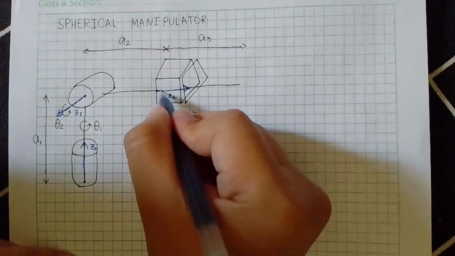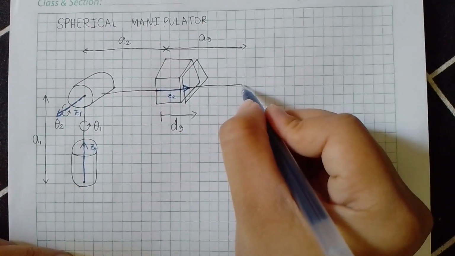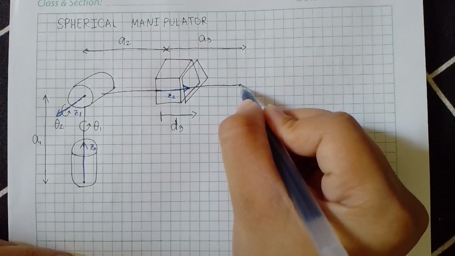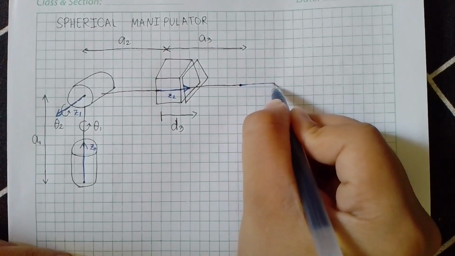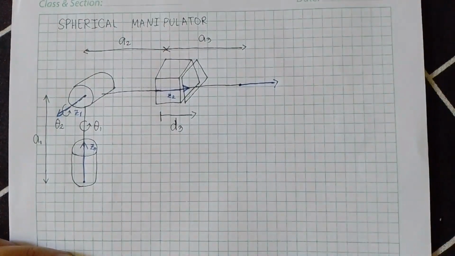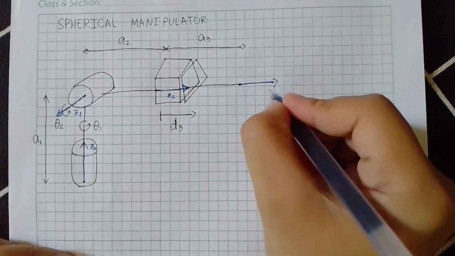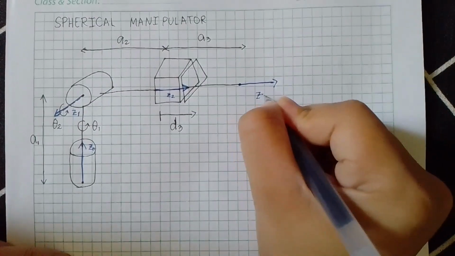And next is z sub 3 in the end effector. For z sub 3, it follows the z-axis of the frame before it for the end effector. This one is the end effector, z sub 3.